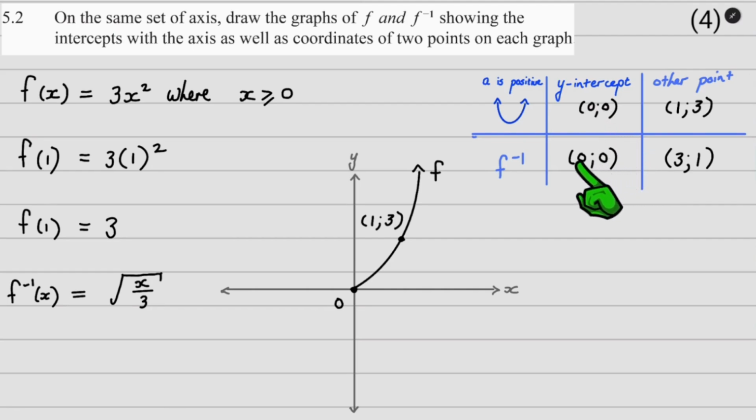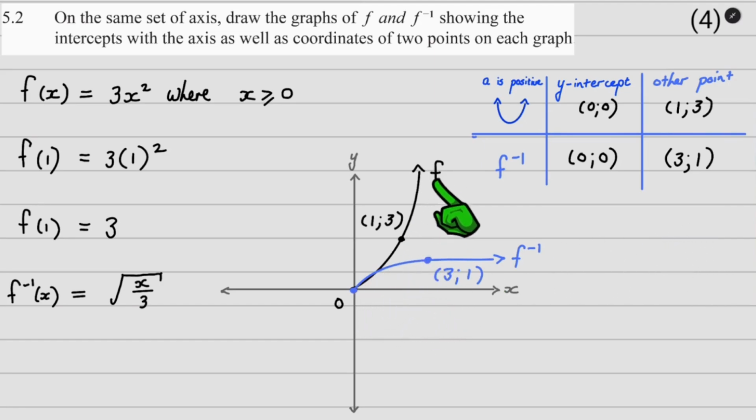If I change those two, it doesn't change this coordinate. But this y value becomes the x value, and this x value becomes the y value. So you can just see I've swapped the position of those two. Now I'm going to plot these 2 points, and then I'm going to draw a sideways parabola that goes through those 2 points. And now I've successfully drawn both graphs.